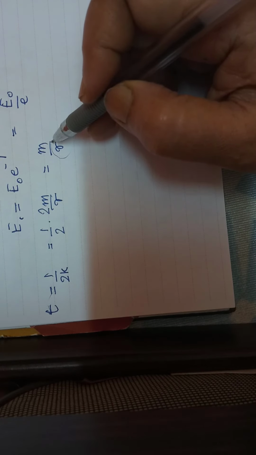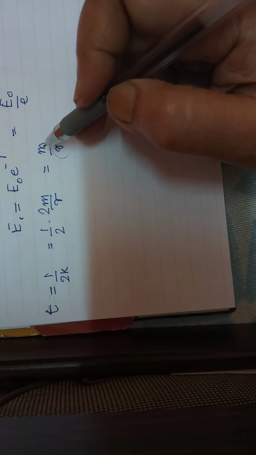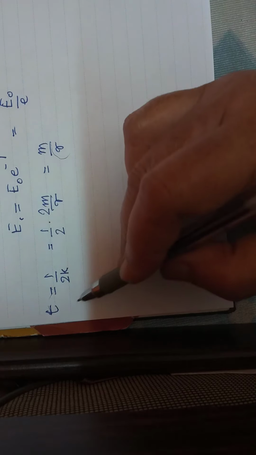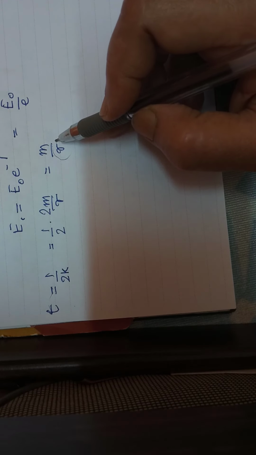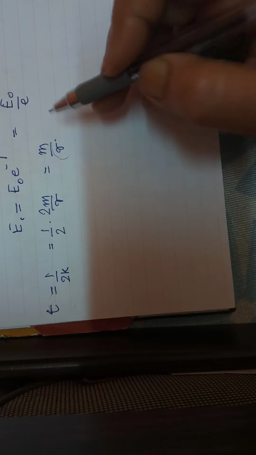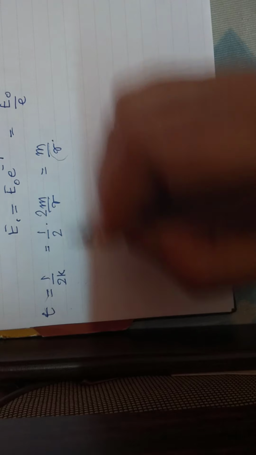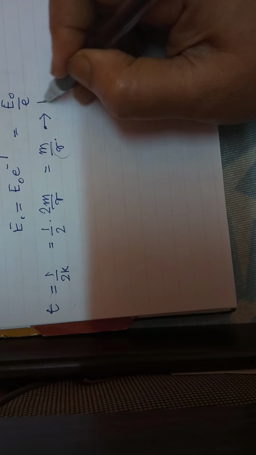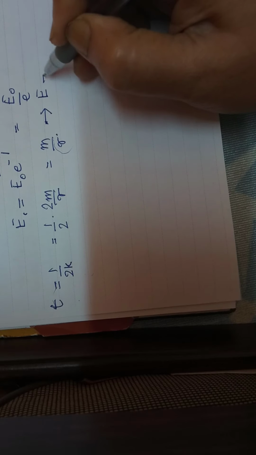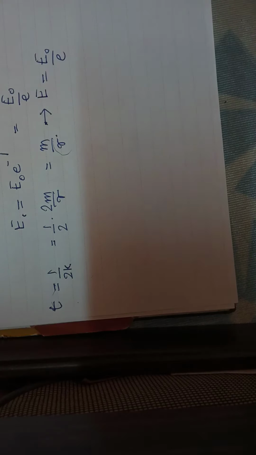R is the damping constant. What is m? M is the mass of the oscillator. What can we say? When t is equal to m by r, the energy of the oscillator decays to 1 by e of its original value. When this is the case, then the energy E is equal to E0 by e.